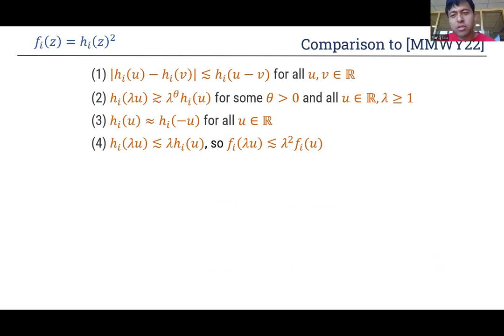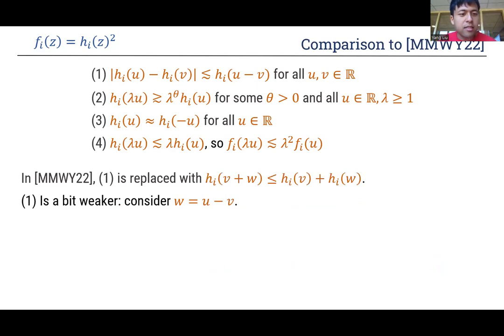Previous work of Musco, Woodruff, and Yasuda had very similar conditions for their sparsification results. To say a little bit of the differences, in that paper, condition 1, auto-Lipschitzness, is replaced by what they call subadditivity, which is h of v plus w at most h of v plus h of w.